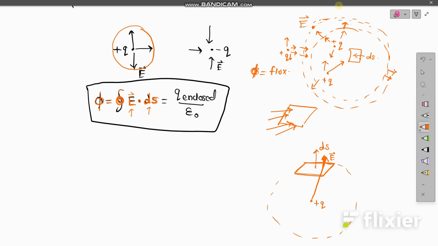You may notice that the area vector and the electric field are in the same direction. This is the ds and this is the electric field vector. They are both in the same direction, parallel to each other.